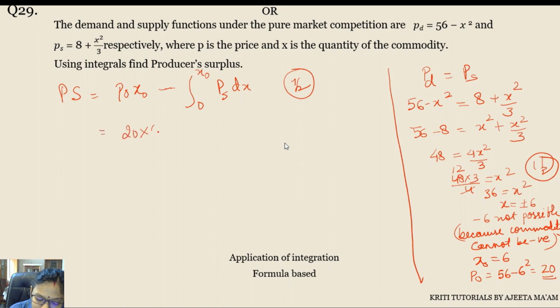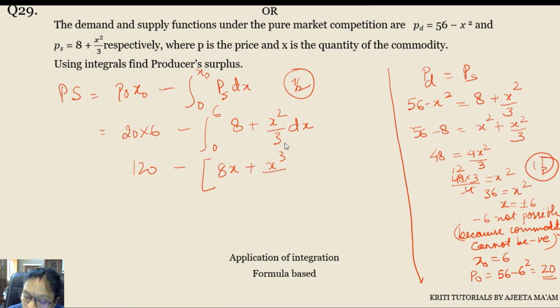So now here again what do you have? 20 into 6, right? The value which we have already calculated. So from 0 to 6, what's our supply function? 8 plus x square by 3. Now we are going to simply integrate it. So 120 minus, what is that integration? 8x. What is the integration here? Do not forget there are two threes now, so it will become 9. 0 to 6. Now we have to simply put in the values.